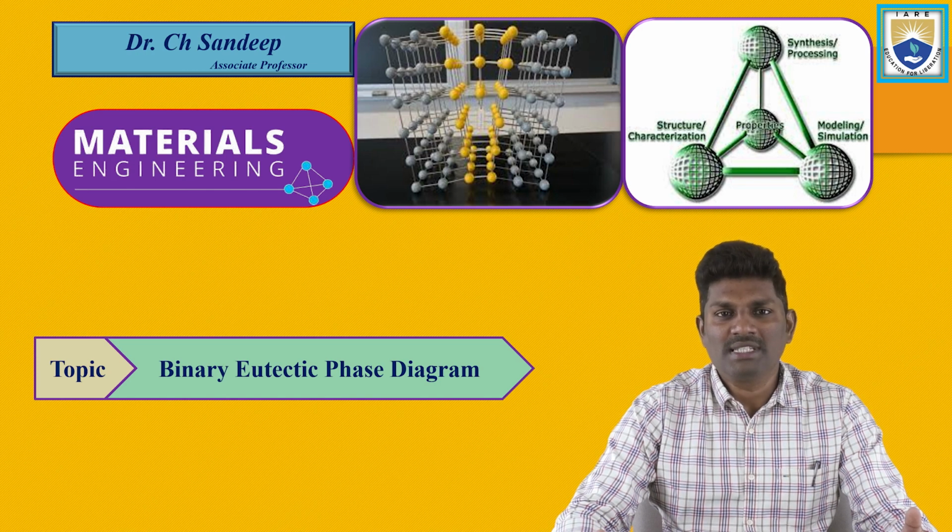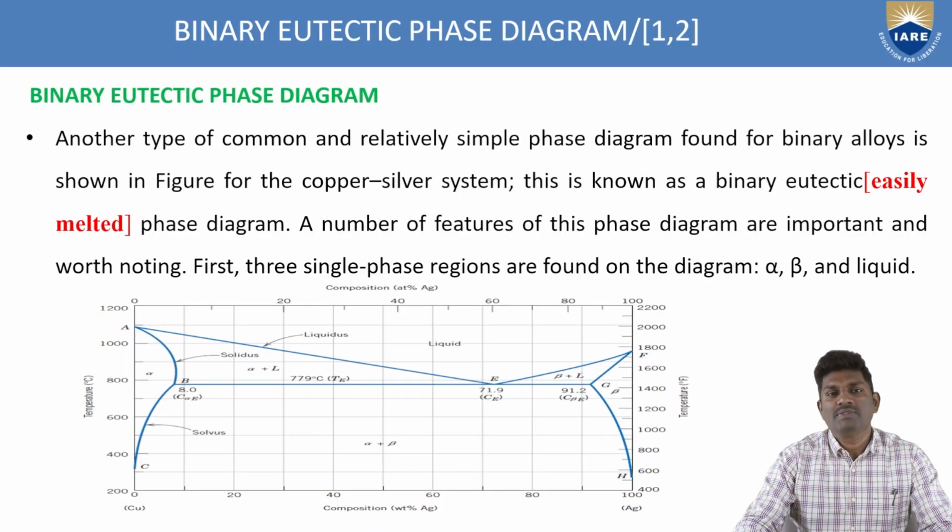Today we are going to discuss the binary eutectic phase diagrams. As we discussed in the previous session, the importance of the phase diagram is that, based upon it, we can easily identify the different mechanical properties as well as the chemical properties, and also how to identify the composition depending upon the temperature.